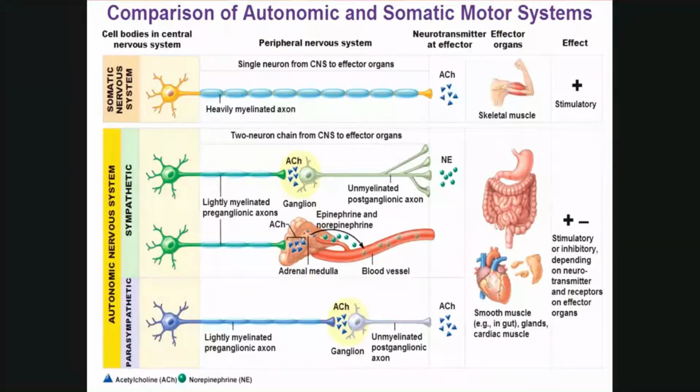The somatic nervous system, the peripheral nerves that we discussed before, acts on the skeletal muscles. There are 600 skeletal muscles. Whereas the autonomic nervous system fibers act on the visceral organs like intestine, stomach, the glands, cardiac muscles, etc. The autonomic nervous system itself, we divide into sympathetic and parasympathetic.